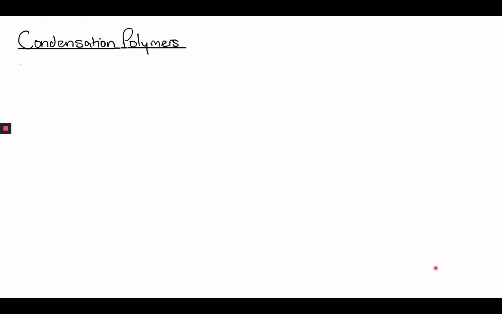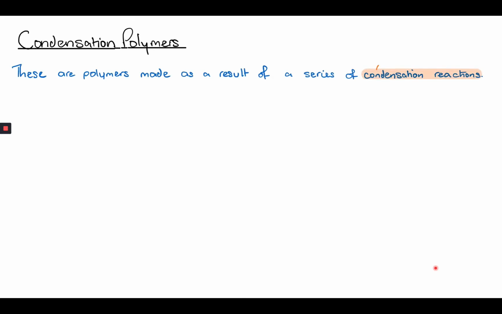Now, condensation polymers have obviously that word condensation, and you may or may not be already familiar with what that is likely to imply. Needless to say, we're talking about a series of condensation reactions. Condensation is something that's been referenced before. It's a reaction where a small molecule is lost. That is typically water.